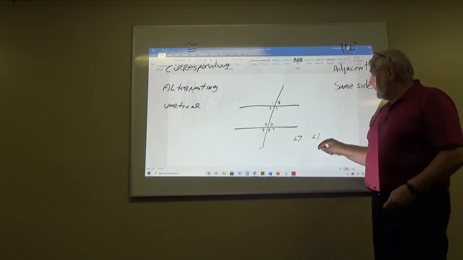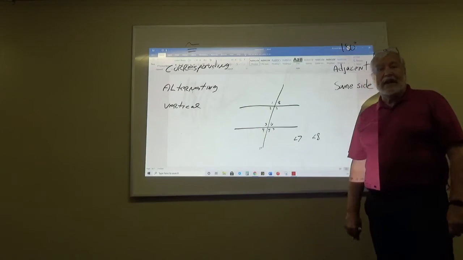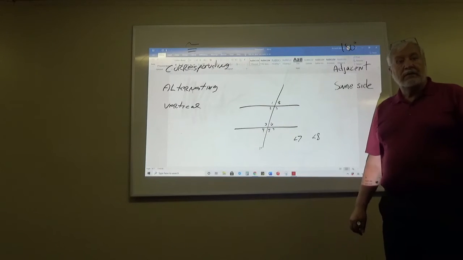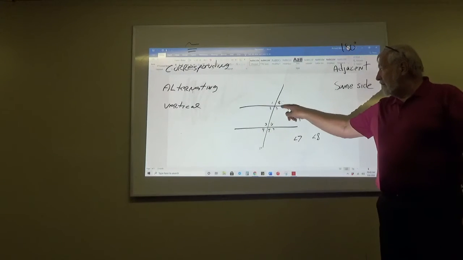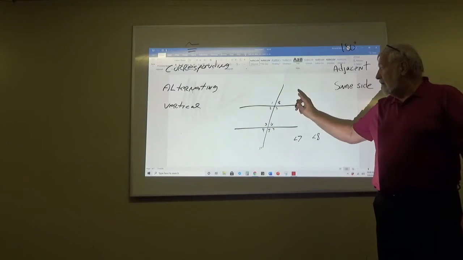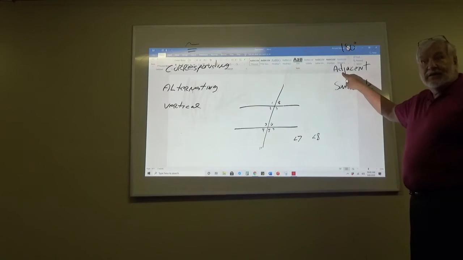Now, what happens if I ask you about angle 8 and angle 7? They're not alternating, and they're not corresponding, because they're next to each other, so they're adjacent.